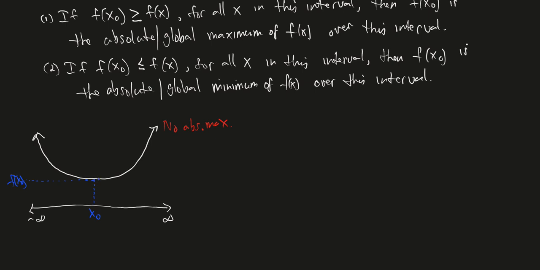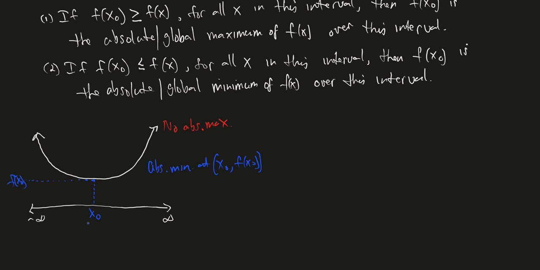So the function would have an absolute minimum of this y value at this x value. So we would have an absolute minimum at the point x0 comma f of x0, right?